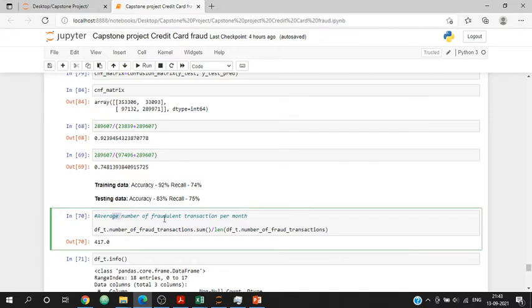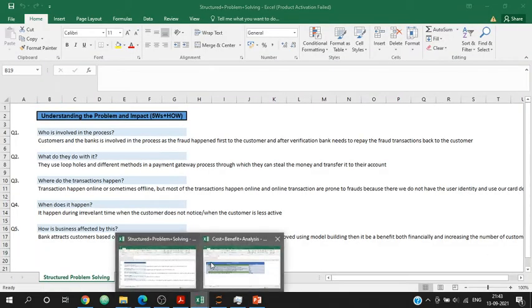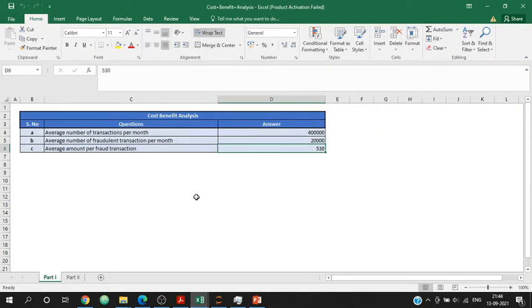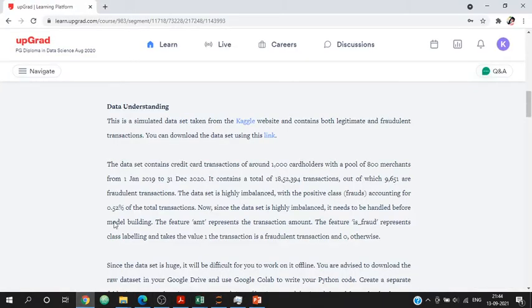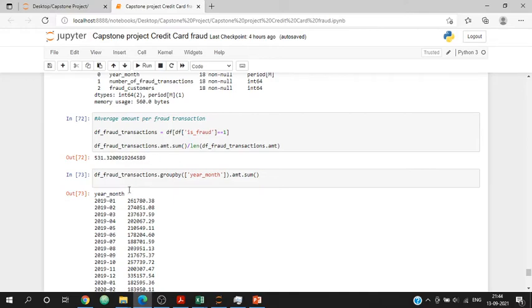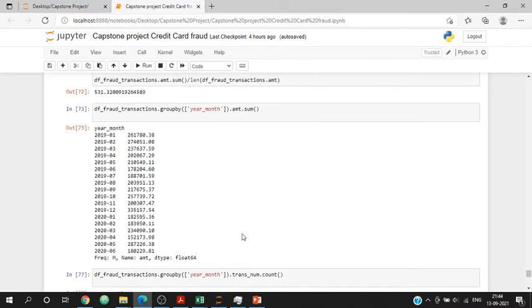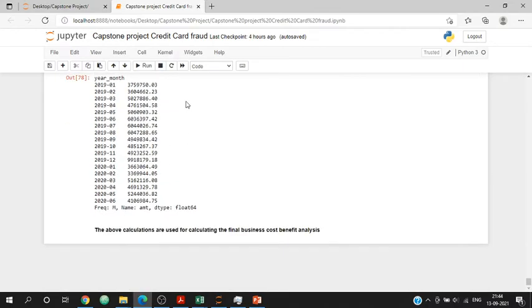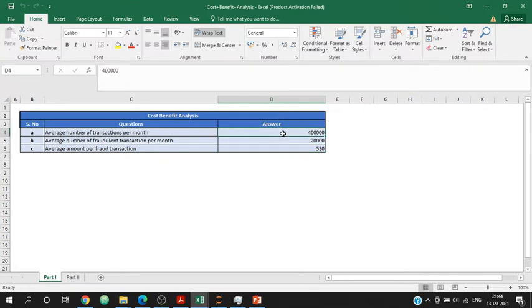These average numbers of fraud transactions are used to fill up the cost benefit analysis. I use the same data frames, the results data frame, to find the fraud transaction count. A few mathematical operations happen here, finding the general counts. Here is the average.